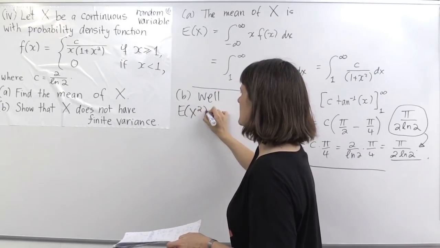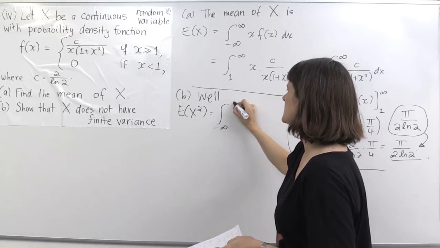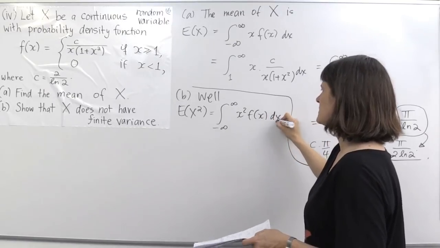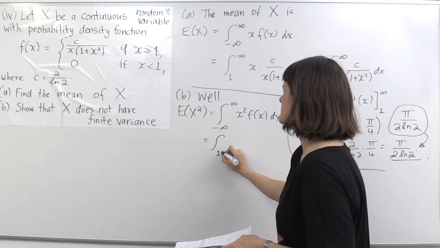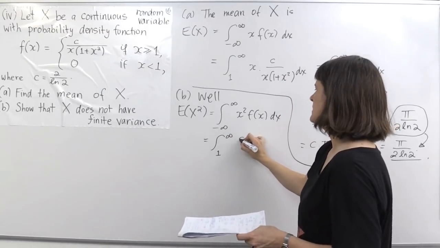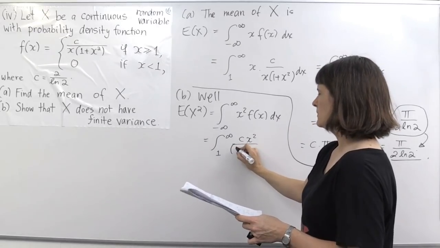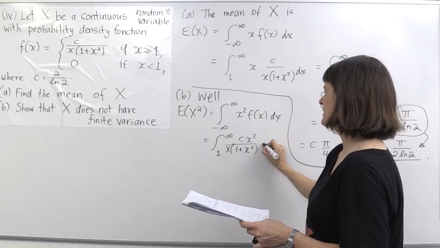What is the expected value of x squared? That is the integral from minus infinity to infinity of x squared f of x dx in general. For us, when you substitute what f is, we're integrating from 1 to infinity c x squared over x times 1 plus x squared dx.